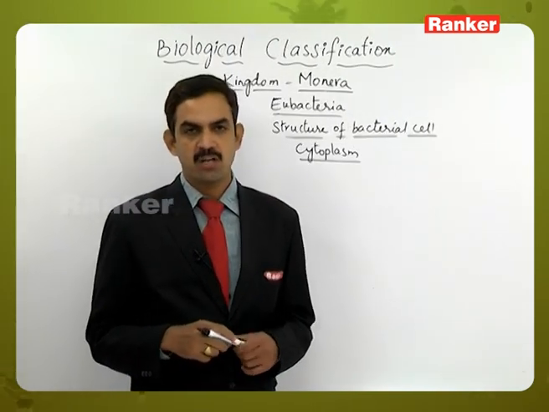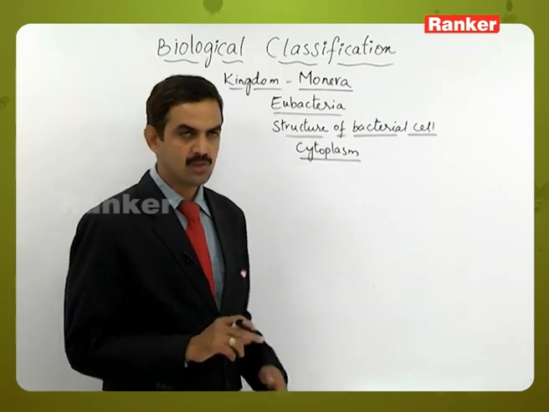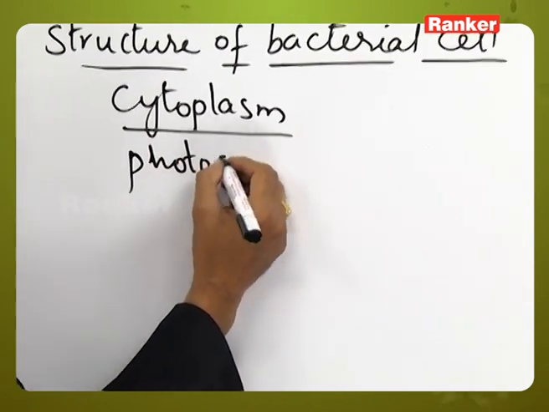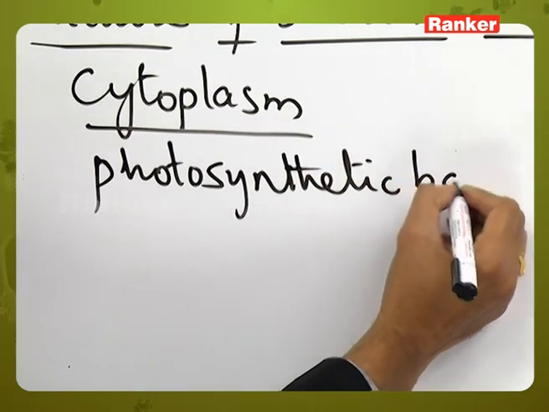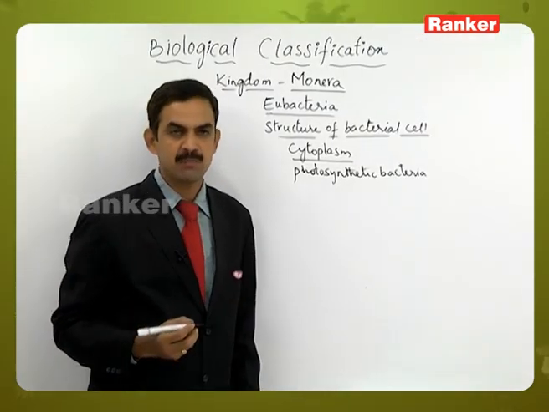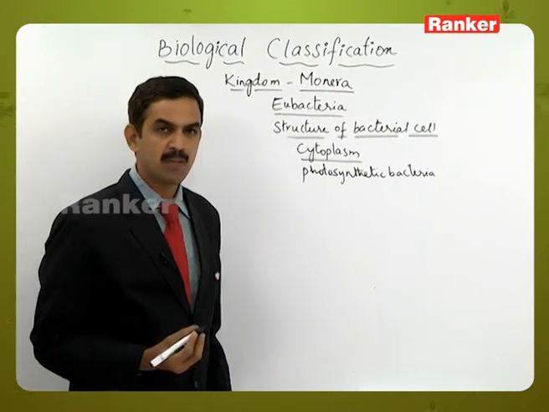Majority of the bacteria are heterotrophic in their nature, but some of them are autotrophic also. The ones which are autotrophic will perform photosynthesis, and such bacteria are called photosynthetic bacteria. These photosynthetic bacteria contain some special structures which have the photosynthetic pigments in them.